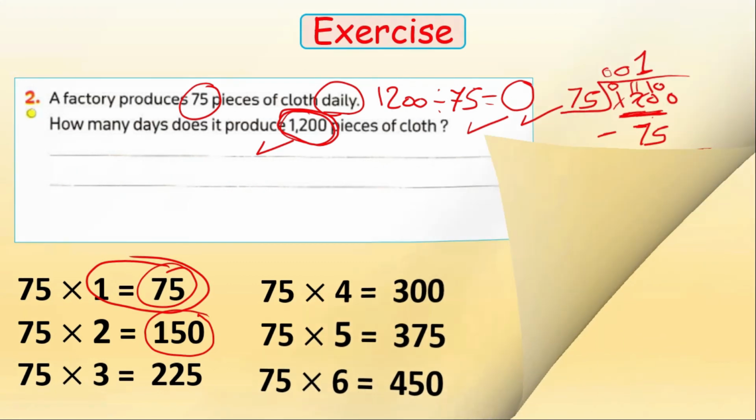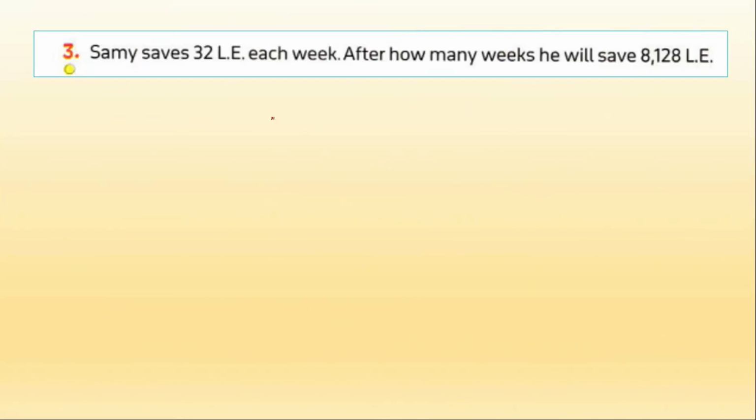Got it? Another story. Sammy saves 32 pounds each week. After how many weeks will he save 8,128 pounds? Okay, the same operation. He wants to divide the total number of pounds by the 32 pounds to get the quotient, which will be the number of weeks.